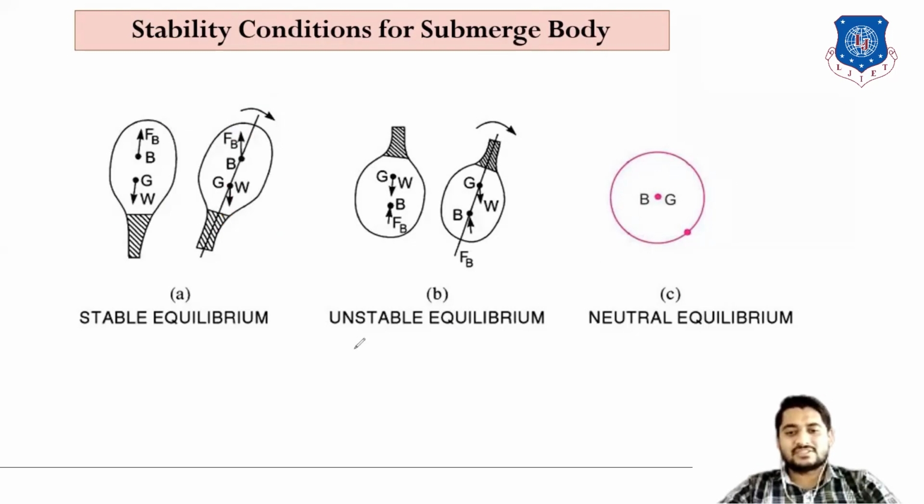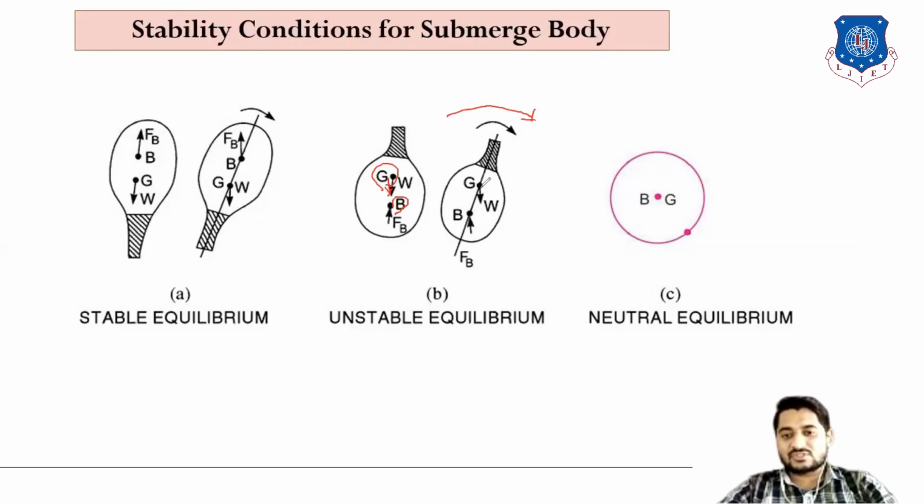Now let us understand the unstable condition. For the unstable condition, you put the bubble such that CG is above the center of buoyancy. This is the second arrangement, where the center of gravity is above the center of buoyancy. Let us consider G here. W acts in the downward direction and from B, FB acts in the upward direction. Similarly, if we give a theta degree tilt in the clockwise direction, B and G will move in this direction.